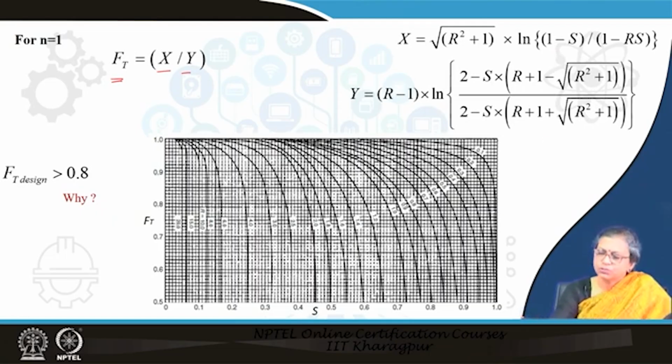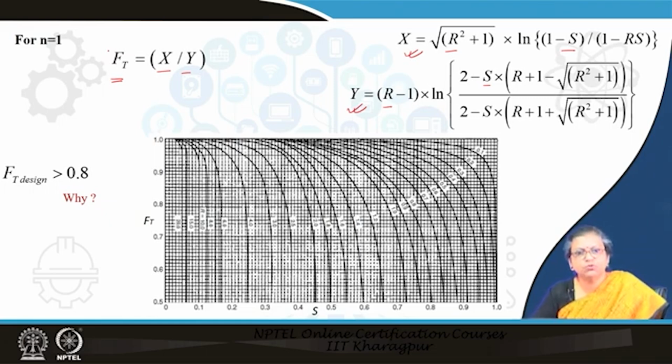So what you need to do to find Ft for a single shell pass, mind it, you can find x provided you know R and S. You can find y from R and S, and then you can divide one by the other and you can find the Ft and use it. You can correct the LMTD using this particular Ft.